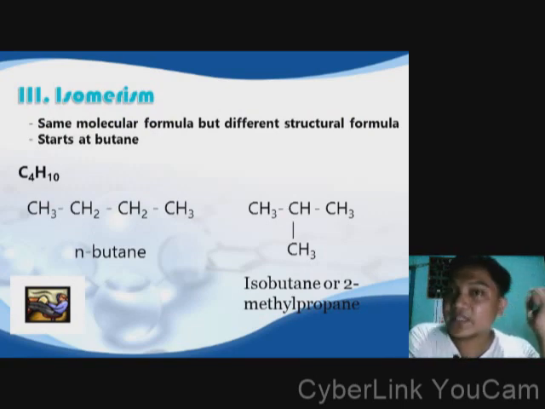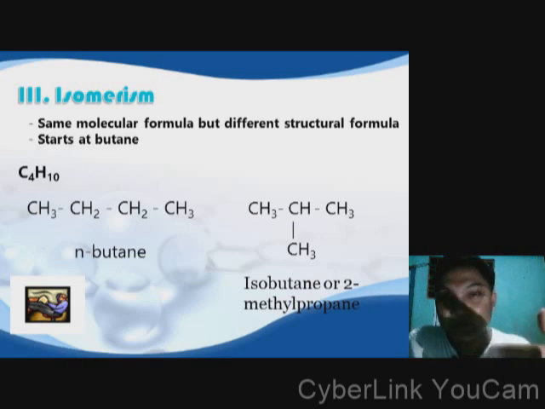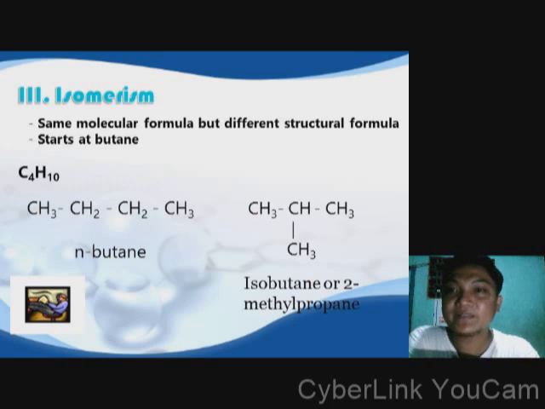So isomerism starts at butane. Okay? Why butane, sir? Earlier it was propyl. Why? Because earlier, that was the alkyl group. Now, we are pertaining to the hydrocarbon. So isomerism starts at butane. Let's prove it.